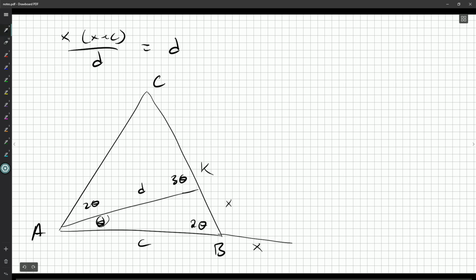So I'm trying to make a new triangle here. That's my thought. Now this angle, I have no idea what it is. I mean, it's 180 minus 3 theta, but I don't have a whole lot of information on what theta is. I don't think we have a fixed theta necessarily. Maybe we need to go hunting for that. But I have the option of either extending the triangle this way and keeping the theta here and the dot here and the 2 theta here.